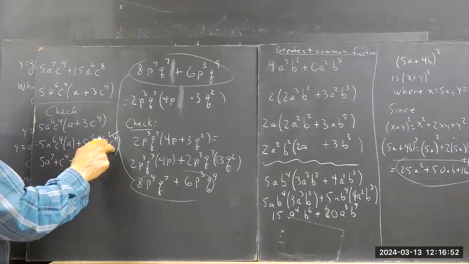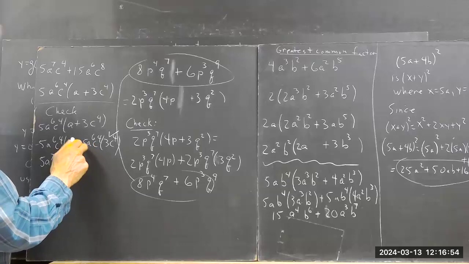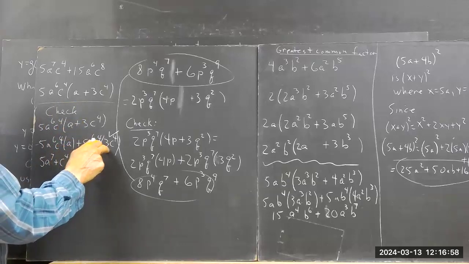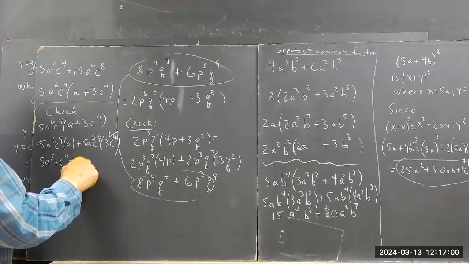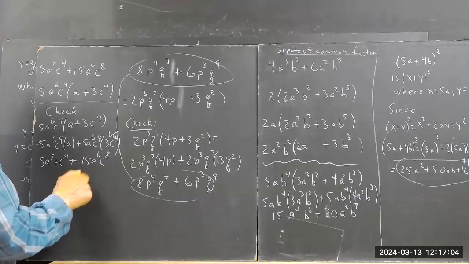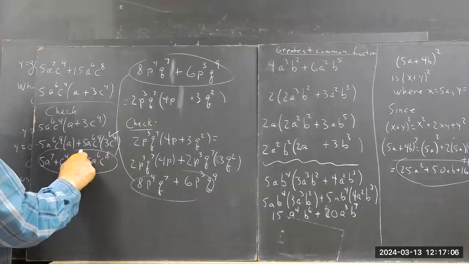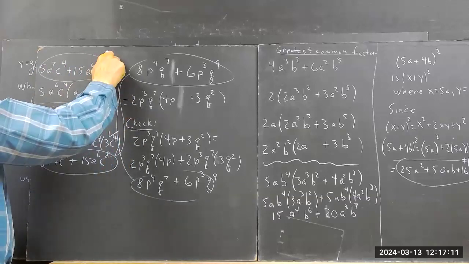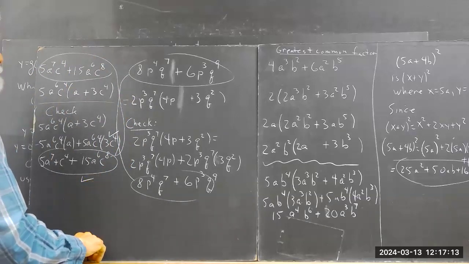And c to the fourth times c to the fourth gives me c to the eighth. 5 times 3 gives me 15. And I've already got my a to the sixth. I'm going to have 15 a to the sixth c to the eighth. And this is going to be identical to this. And there's my check.